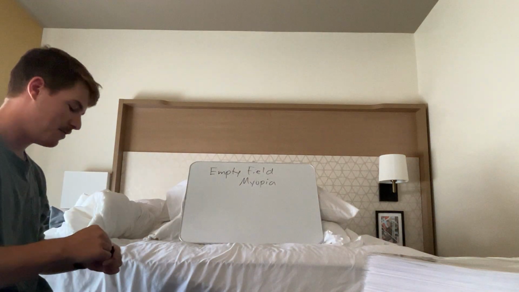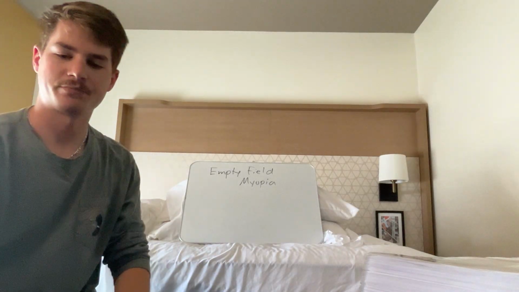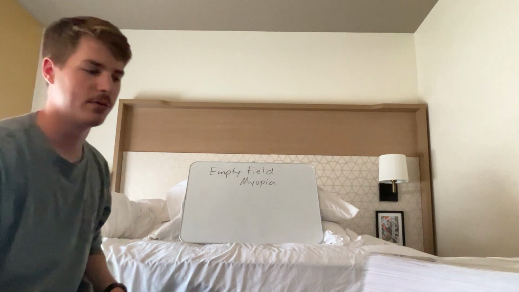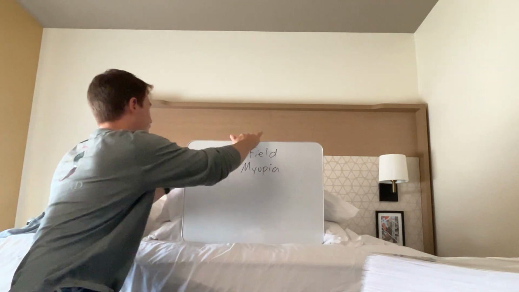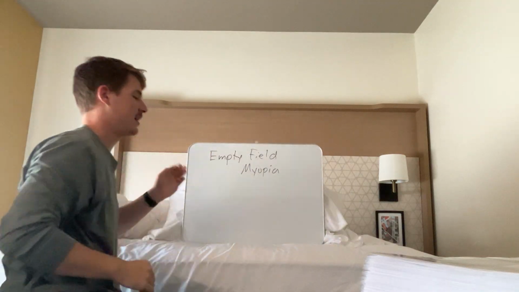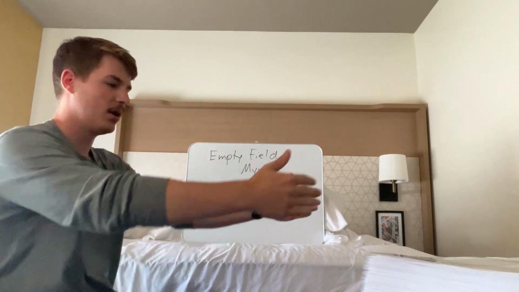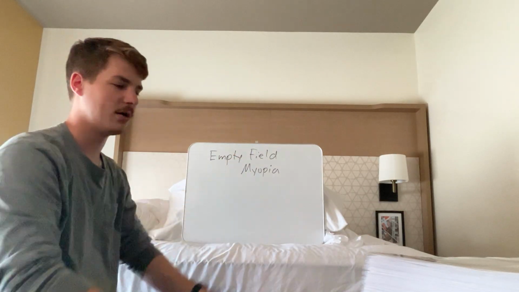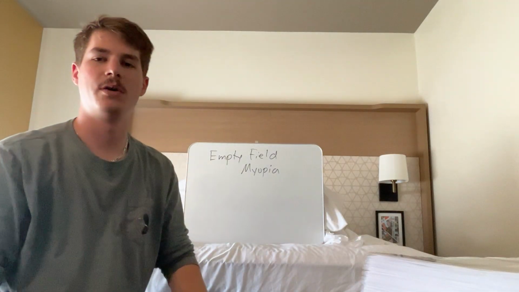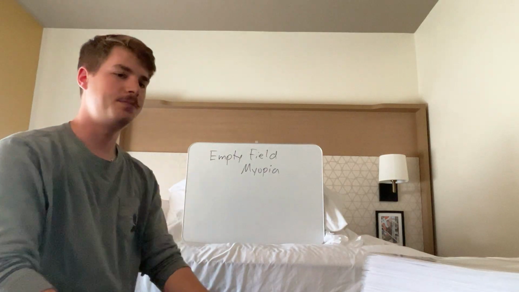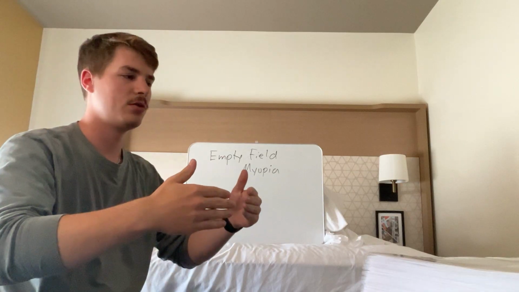Okay, so empty field myopia is essentially just if you're flying in very hazy or foggy conditions and you don't have a lot of reference, so you're pretty much just seeing straight haze or straight fog, your eyes are naturally going to focus at a pretty short distance. Okay, so I've been told it's kind of like right past the airplane's nose, but they are not focused at that point to scan for traffic.